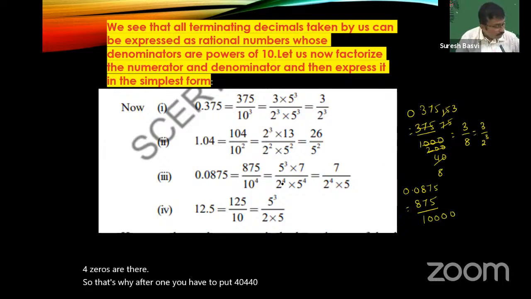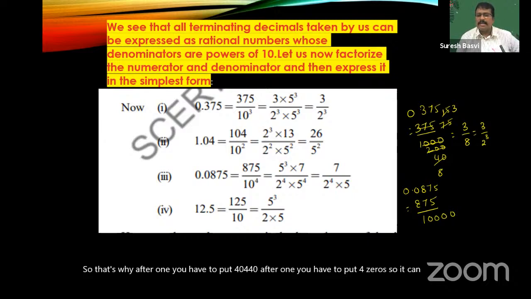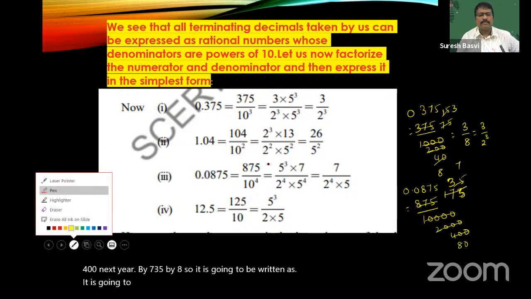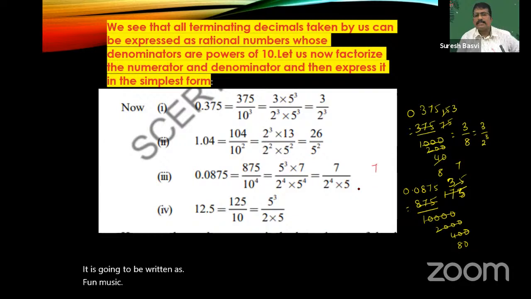Simplifying by dividing by 5, it is going to be written as 7 by 80.